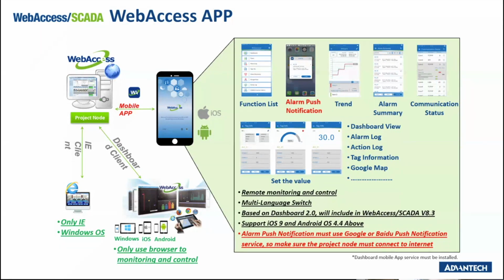WebAccess app provides a new interface and usage. After connecting to the WebAccess server, you can do remote monitoring, control point, alarm, trends, dashboard, and communication status. It can also push alerts through your mobile phone devices and remind you to take immediate action. It supports both iOS and Android devices.